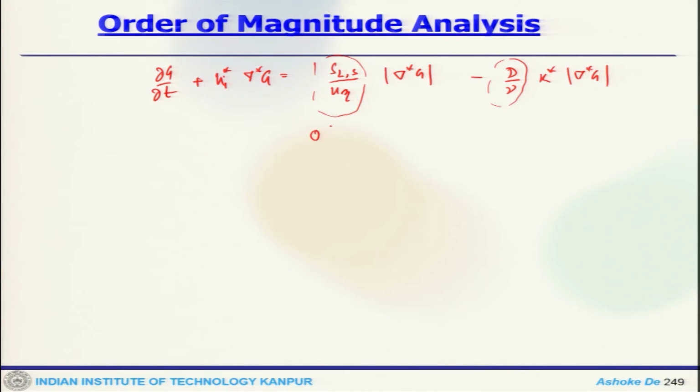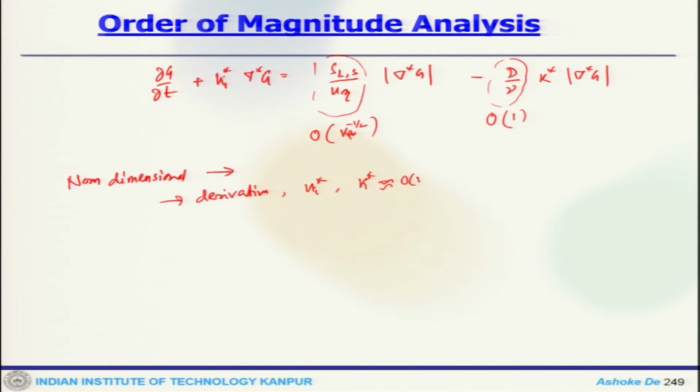Now we have this term, we can look at this term. So this is order of Karlovitz number to the power minus half, and this guy is order of 1. So if we non-dimensionalize the derivatives and ui kappa star, which will be order of 1. So we can see the non-dimensional form of these things.